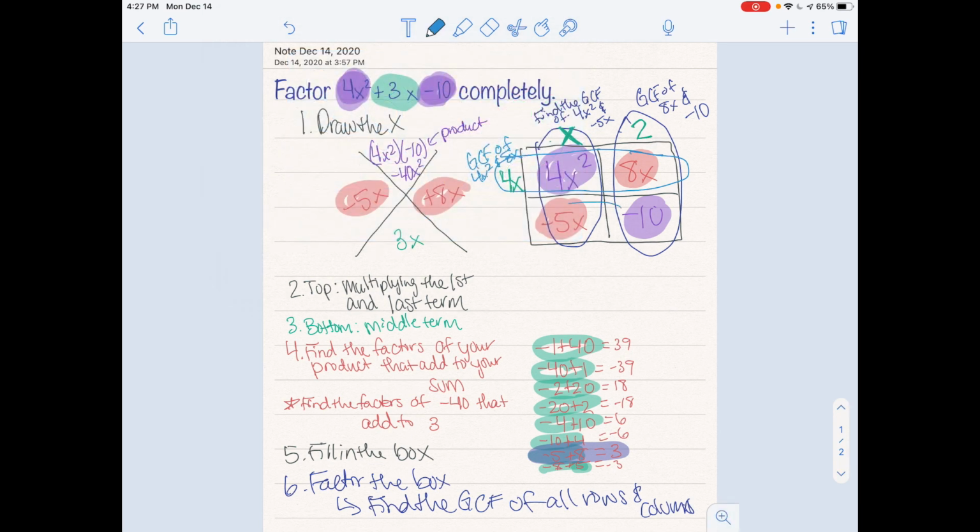Finally, what we need to find the GCF of is the second row. So the GCF of negative 5x and negative 10. Sorry, that says negative 10x, but that is just supposed to be negative 10. The GCF of those is going to be negative 5.